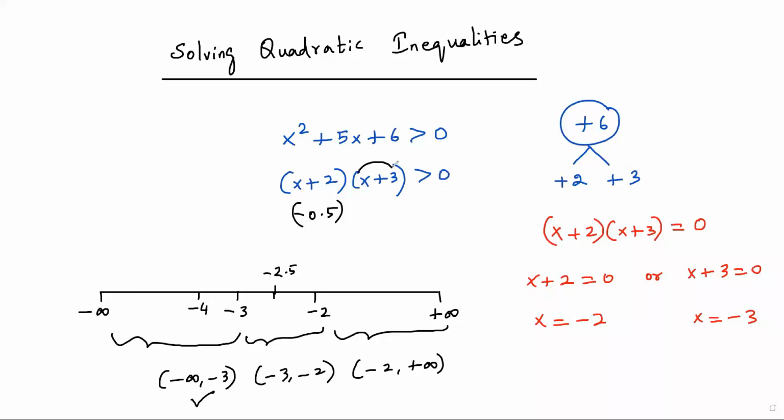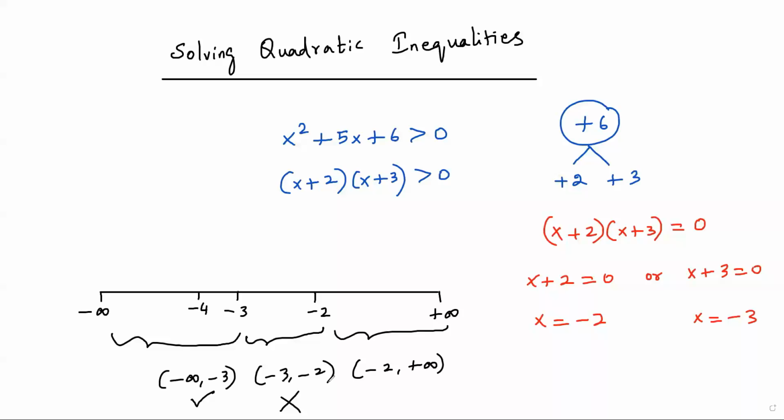And when I plug in x = -2.5 into the second factor, it will be +0.5. When I multiply these two values, I'll be getting a negative value. A negative value greater than 0 cannot be accepted, it's false. So the second interval, (-3, -2), does not satisfy the given inequality. So the second interval cannot be considered as a solution for the given quadratic inequality.